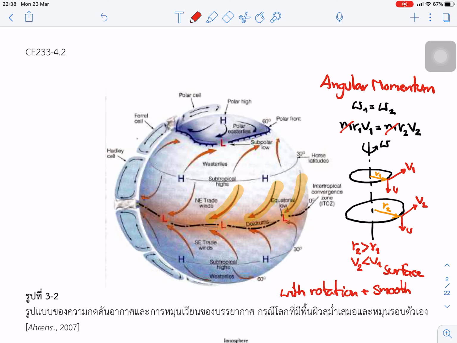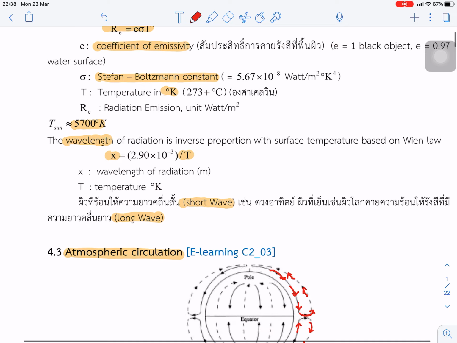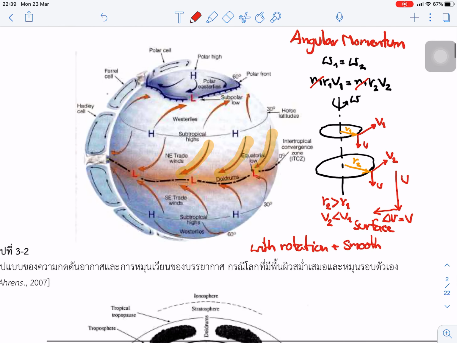So we can write the vector of velocity u, and because V2 is less than V1, the difference of velocity is delta V. So the relative velocity is in this direction.